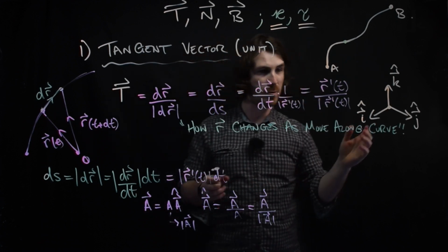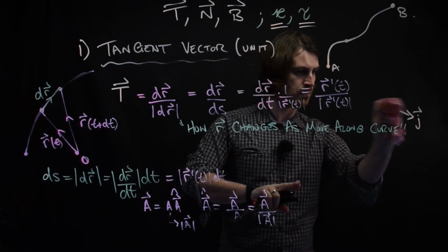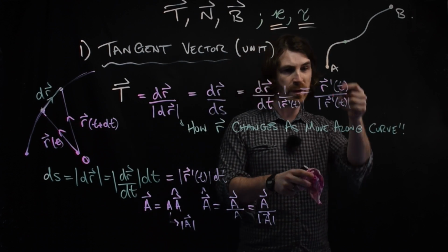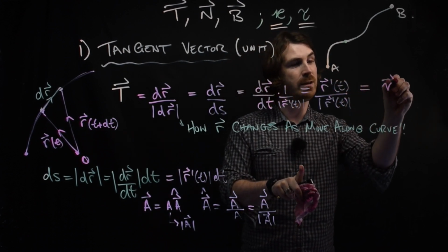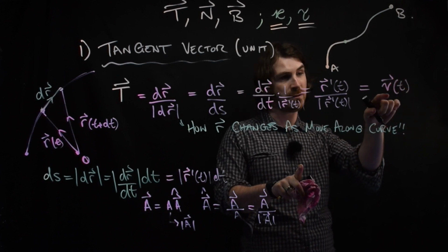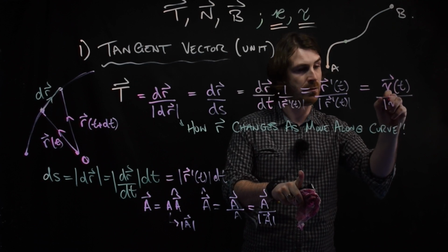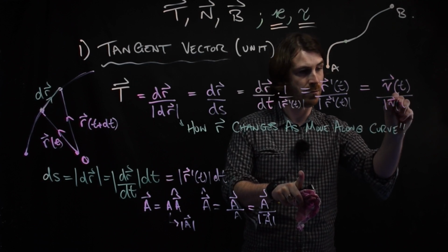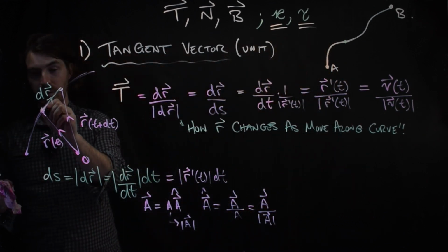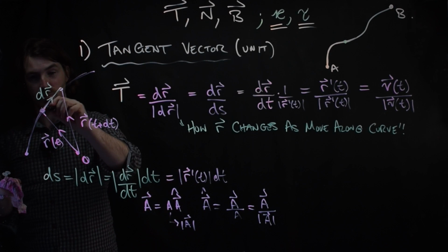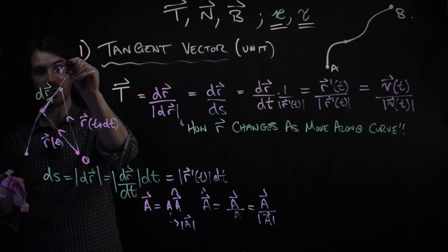And if you remember back to your mechanics, if you think of dr by dt as the velocity, the instantaneous velocity, then this is just the velocity at any time t, divided by its magnitude. So the tangent to the curve will be in the direction of the velocity at any time.